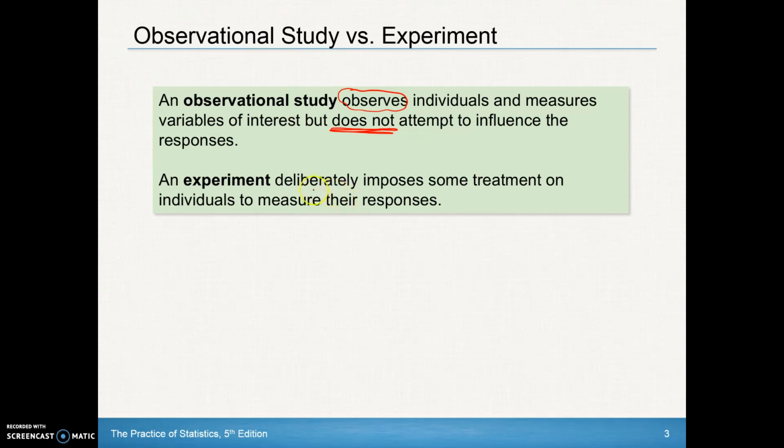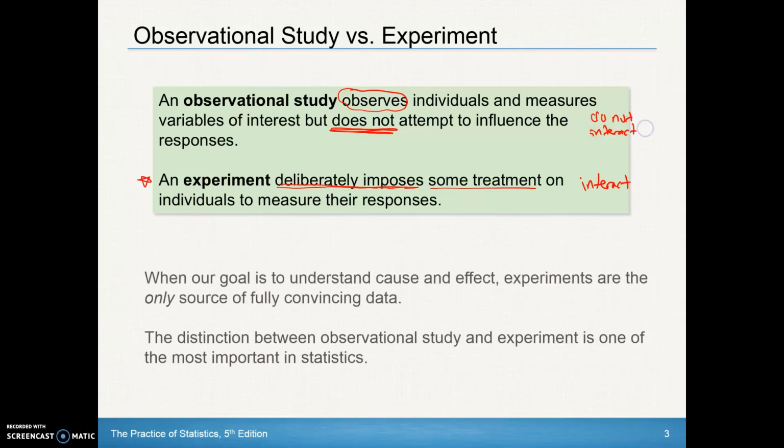In an experiment, you do deliberately impose some type of treatment on the individuals to measure the response. So here, in an experiment, you do interact with the subjects. Here you do not interact with the subjects.